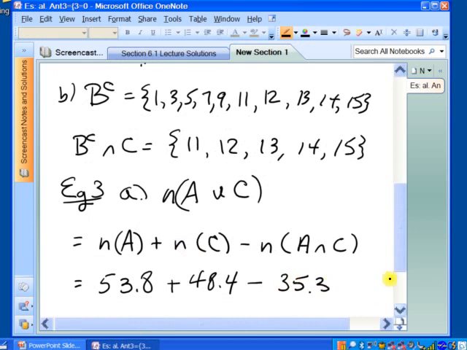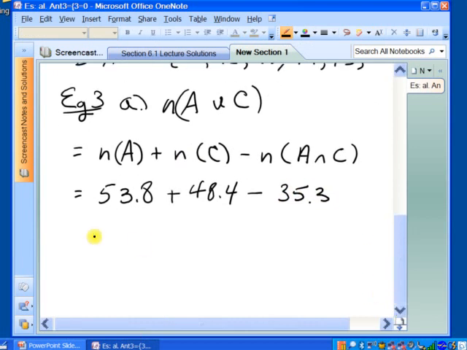So we want to subtract that number off. If we take 53.8 plus 48.4 minus 35.3, we end up getting 66.9. So let's interpret the solution here.